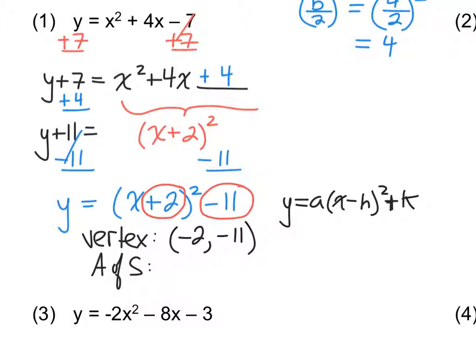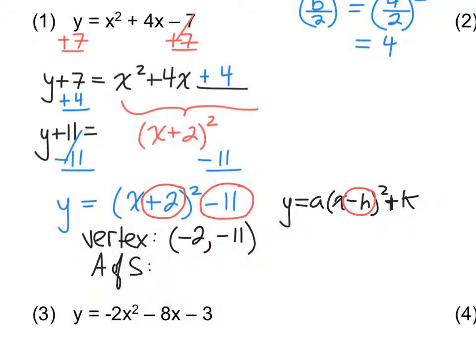Somehow the negative h became a positive 2. In order for that to happen, negative had to become positive, which means I had to have plugged in a negative number. So in order for a negative h to become a positive 2, it must have been a negative 2 substituted in there.